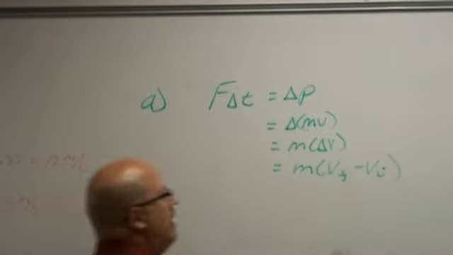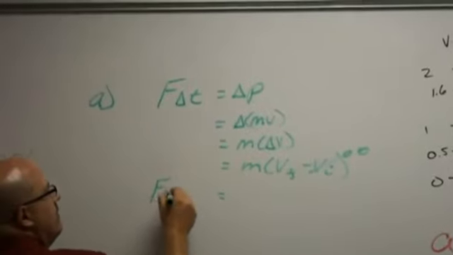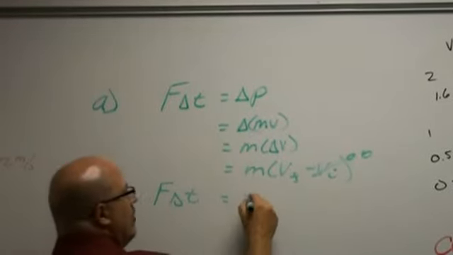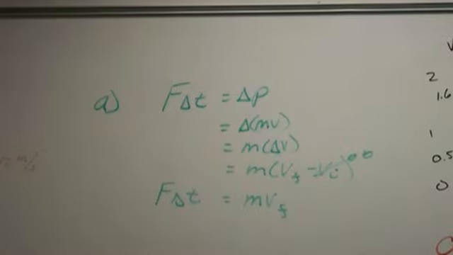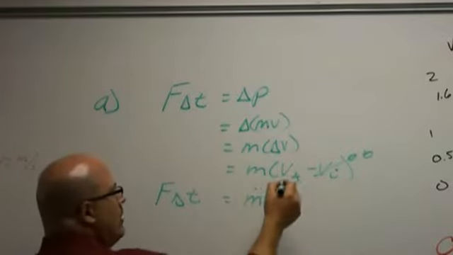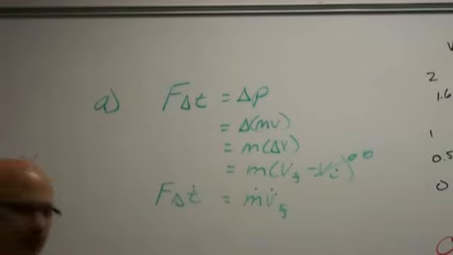Our initial velocity of the ball is 0. So it's going to be force times time equals m v final in this case. We know what m is, we know what v is, we know what t is, we can find our force. Our force turns out to be 200 newtons.